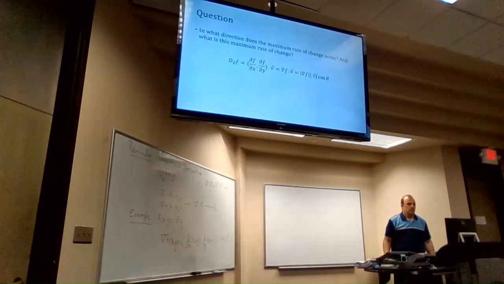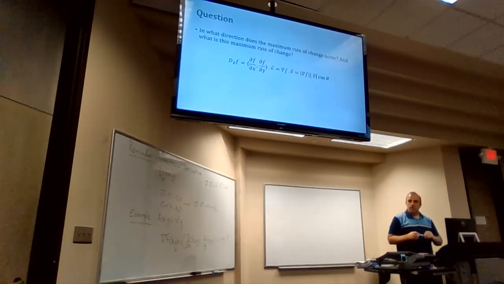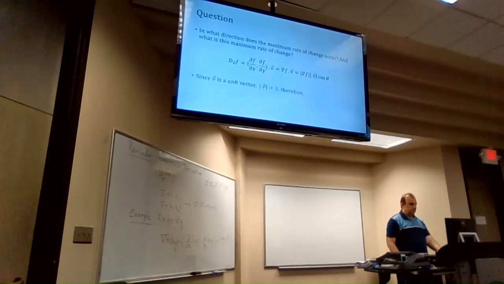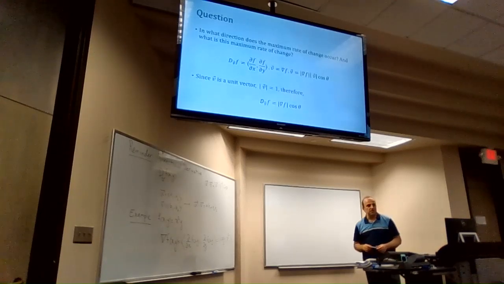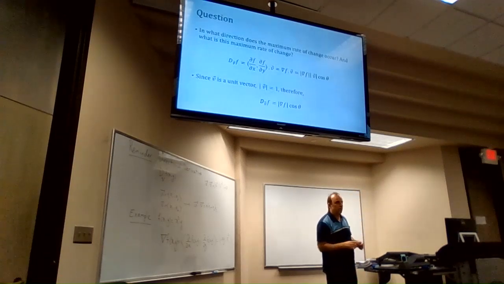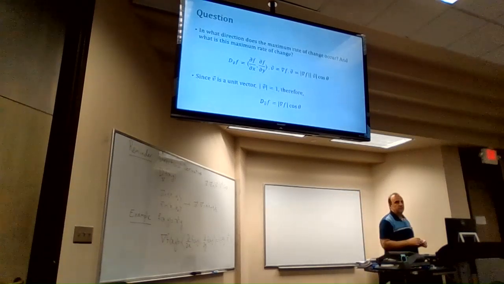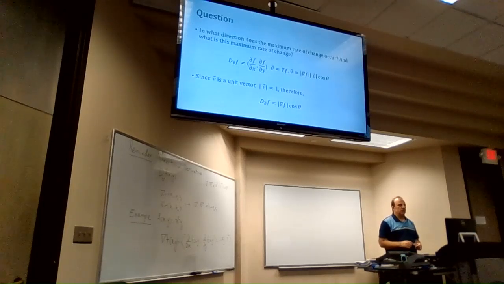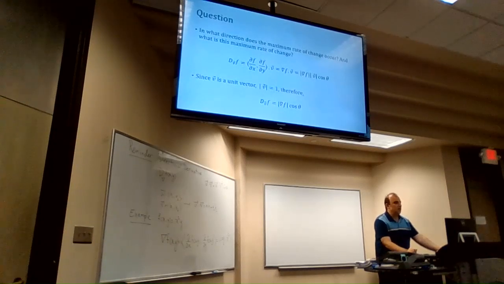So here I can write this using the fact that I just mentioned. And since v was a unit vector, the directional derivative, which we computed and defined in the direction of a unit vector, has norm of v equal to 1, so the directional derivative is going to be the norm of the gradient times cosine of theta.